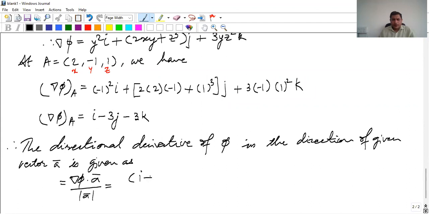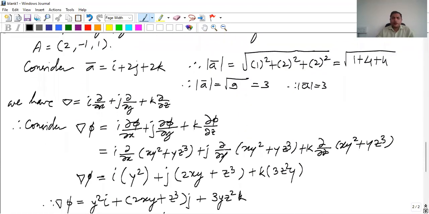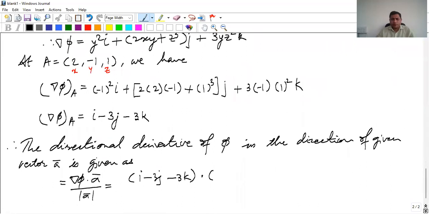So it is i minus 3j minus 3k dot the given vector, which is i plus 2j plus 2k, and we know the modulus is 3.